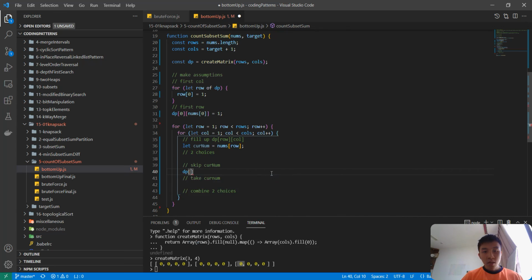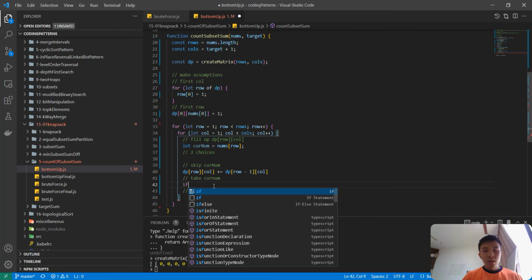So dp row and column, I add up the number of subsets from subproblems here. If I skip the current number, or if I take the current number, which is something I should check, right?